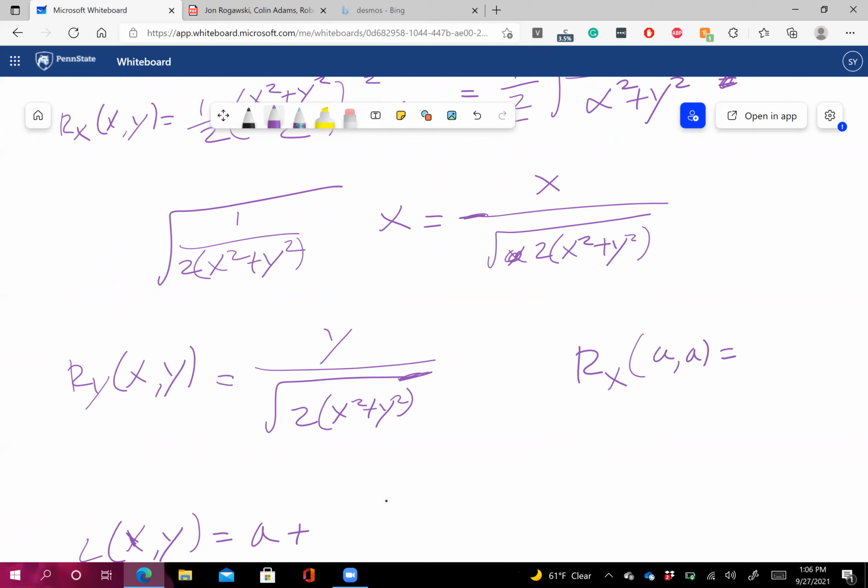Well, that's going to be a over the square root of 2 times 2a, which is 4a squared, which is going to be 1/2.